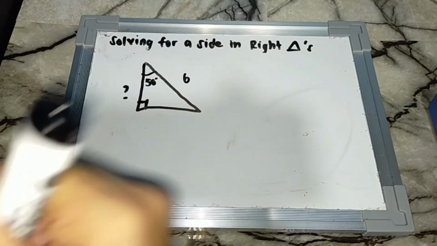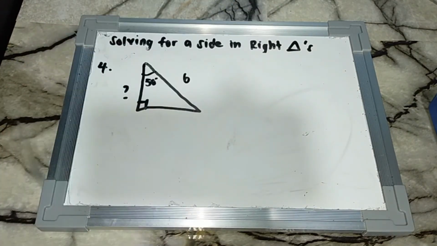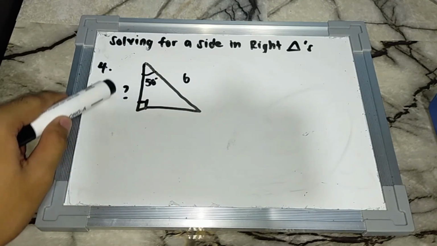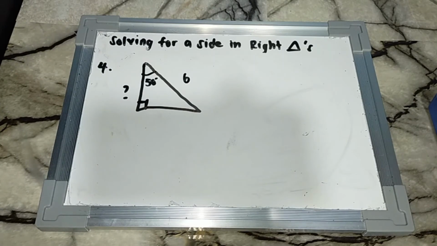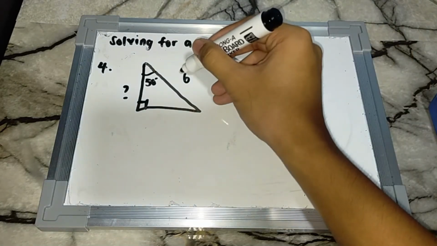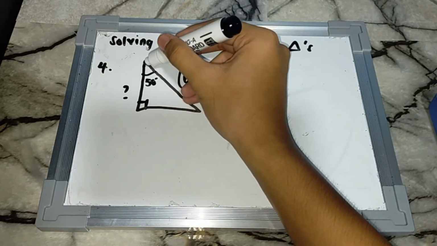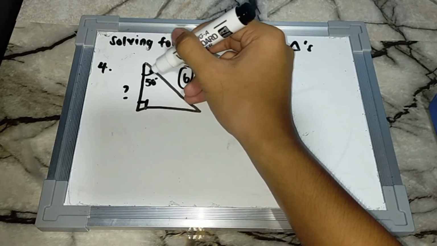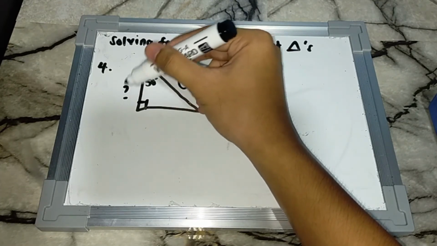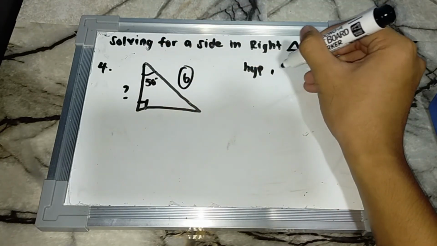So for a fourth example, we have this triangle, and we are now tasked to find this side, using the perspective of the 50-degree angle. So again, we have this value as the hypotenuse, and from the perspective of the 50-degree angle, this part is the adjacent.